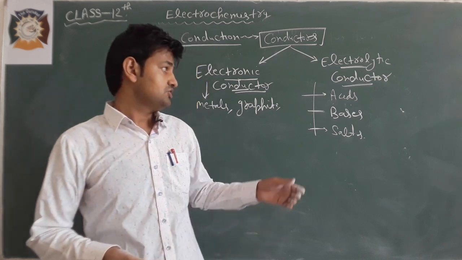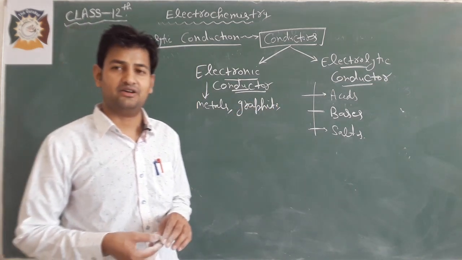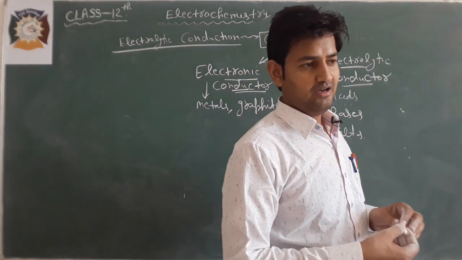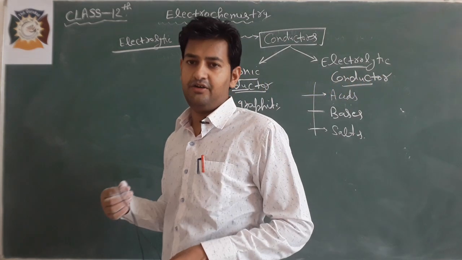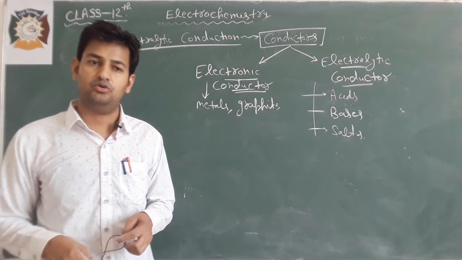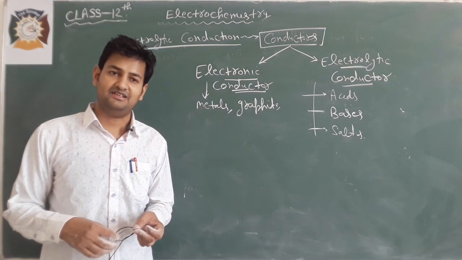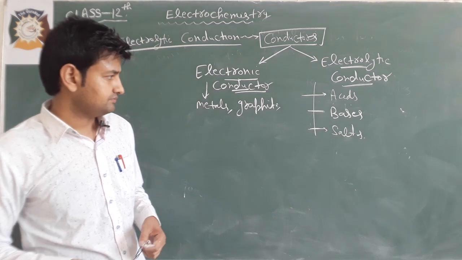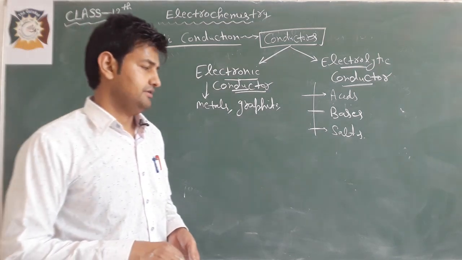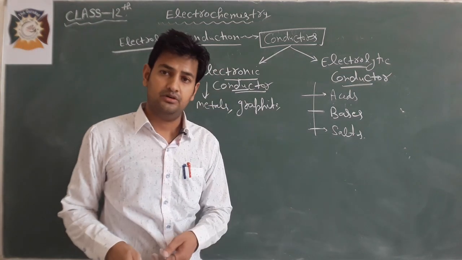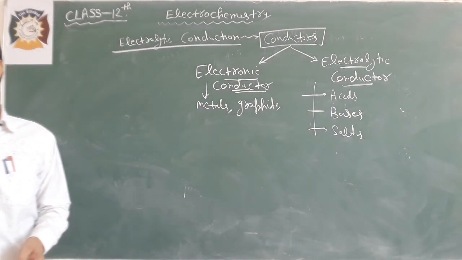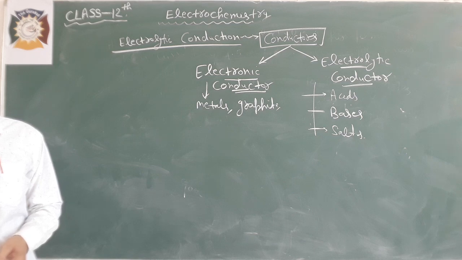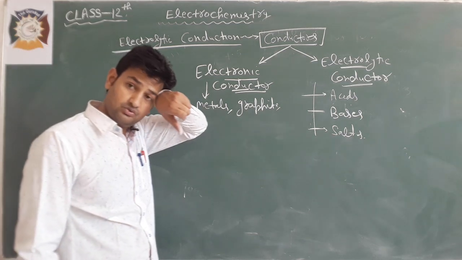Weak electrolytes dissociate only partially; these are weak acids and weak bases. Last is non-electrolyte, which does not dissociate or pass electricity, for example urea, sugar, etc.